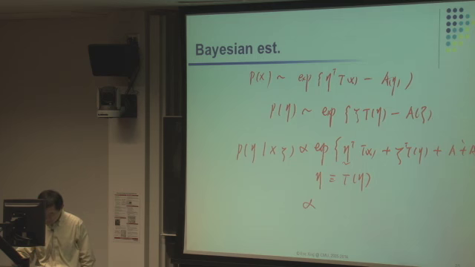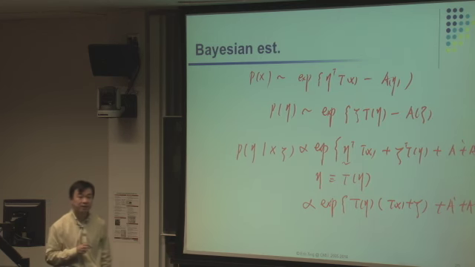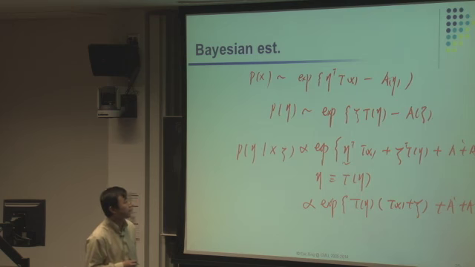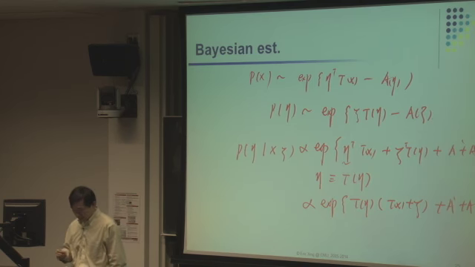Then we can derive that exp of something like that. So that's pretty much what explains a conjugate prior.